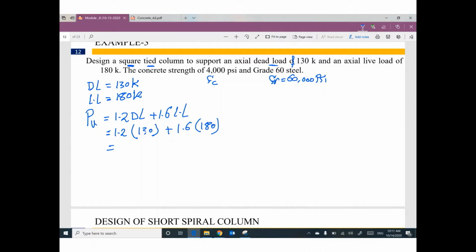So the axial load on this column will be 444 kips.